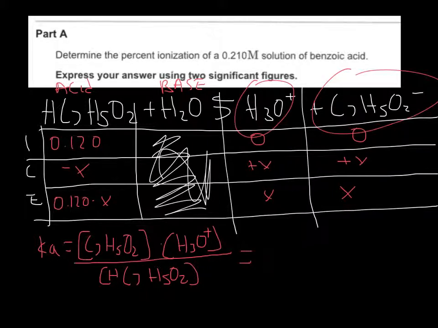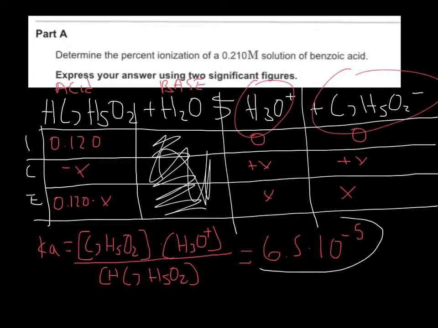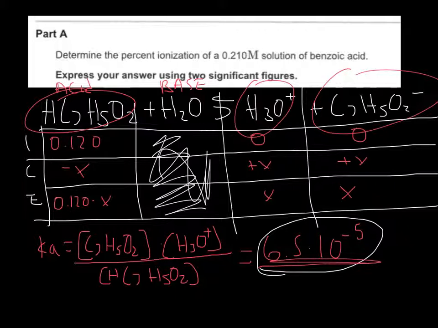This value equals 6.5 times 10 to the minus 5. Now, if you're confused on where I got that value, as I found what the formula for benzoic acid looks like up here, it also tells you the Ka value down here. And this is in the back of your book. I'm not sure exactly what page, but it's very helpful. I'd print one out if I were you.